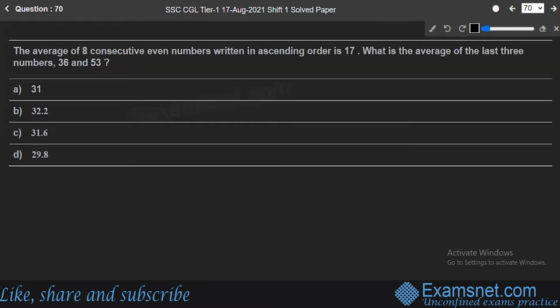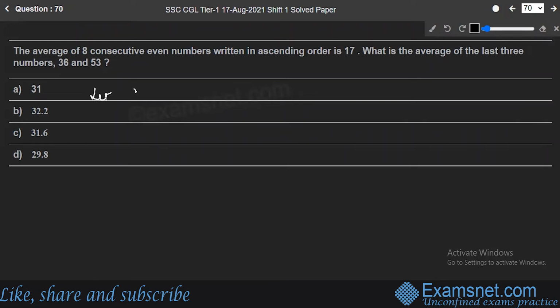The average of 8 consecutive even numbers written in ascending order is 17. The average of the last 3 numbers is 36 and 53. See, in this question, there are 8 consecutive even numbers.